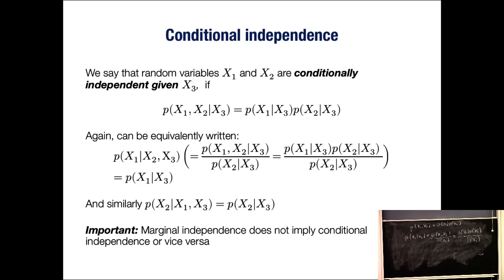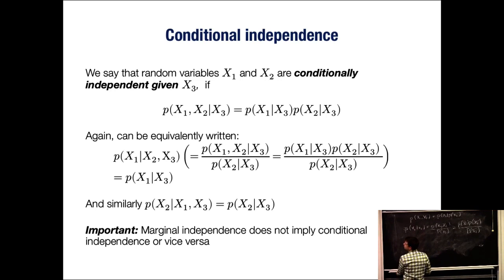The two variables can be independent, but if we know some third piece of information, they are no longer independent. That is very possible. And similarly, if variables are conditionally independent, that does not mean that they are marginally independent. We're not going to go too much into detail about examples of these things, but just know that that is in fact the case.